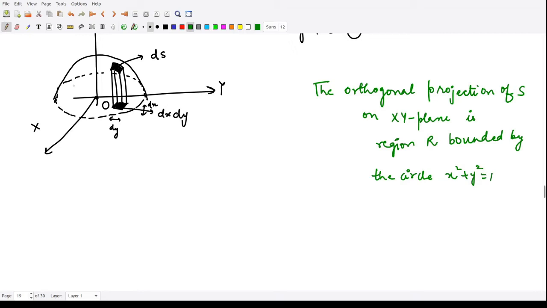Now this is the equation of this particular circle, right? And the plane z is equal to 0. So this is the projection.